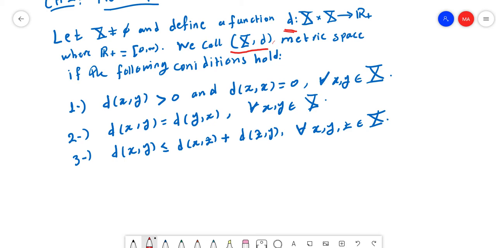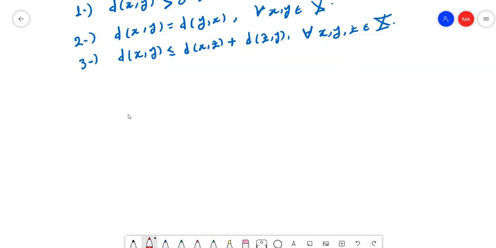The first example we have here is the following. Example 1.